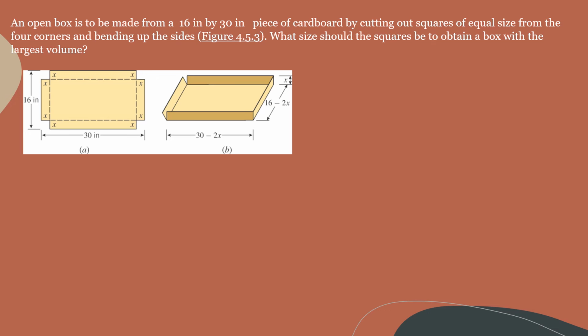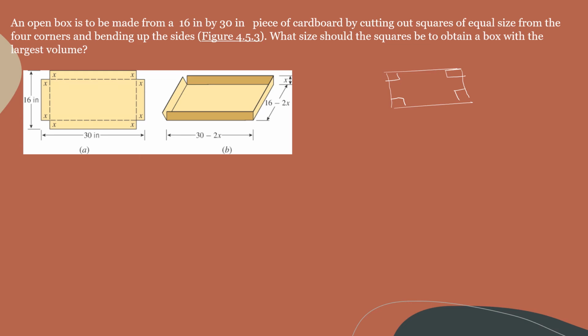Now remember that if a cardboard is given to us, let's see here what I'm trying to make. If there is a cardboard which is given to you and you want to cut the four corners from it, so here you cut, here you cut, from here you cut, and from here you cut.